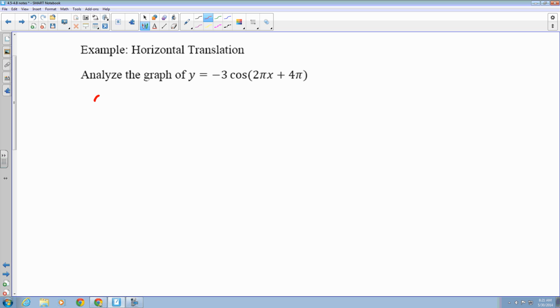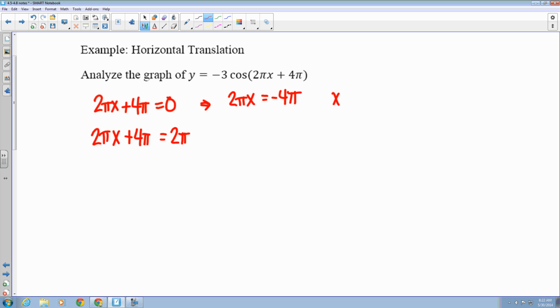I take whatever is in my parentheses, 2 pi x plus 4 pi, set it equal to 0 and 2 pi, and solve both for x. Okay, so my starting point is negative 2, my ending point is negative 1.